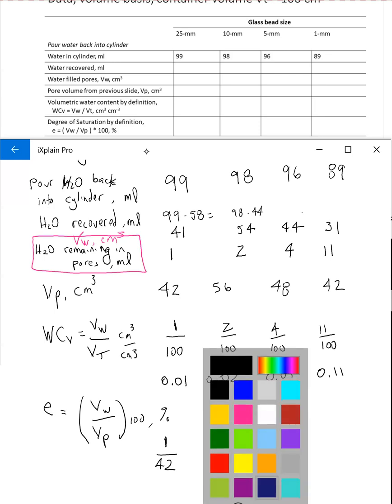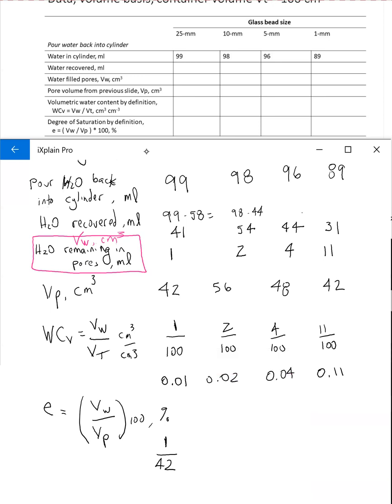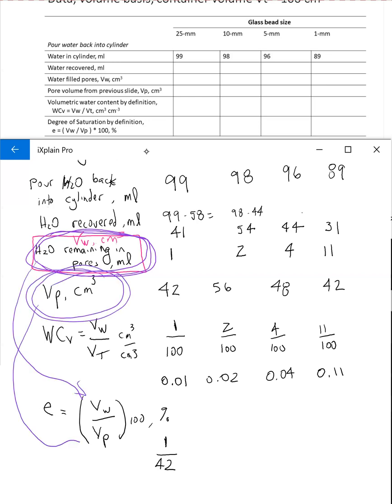So where were we finding our numbers again? The volume of water is here, so that goes here. And then the volume of pores is this. That's what goes in the denominator. So we had 1 and 42.